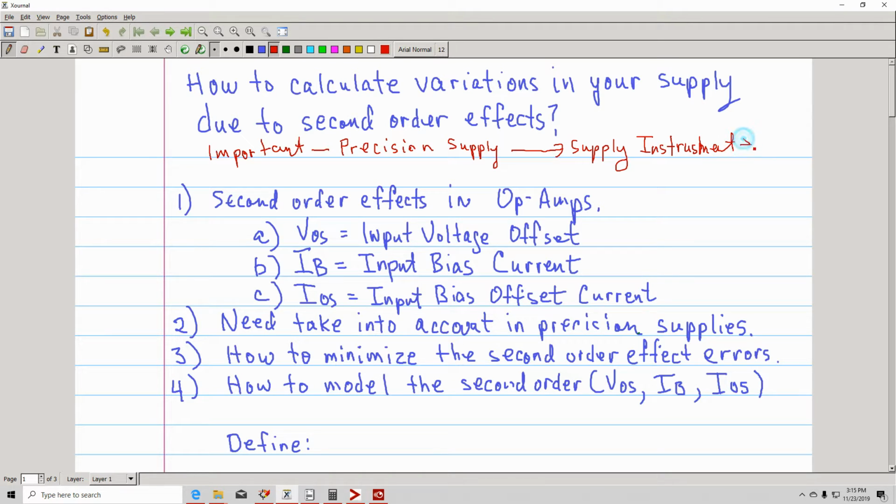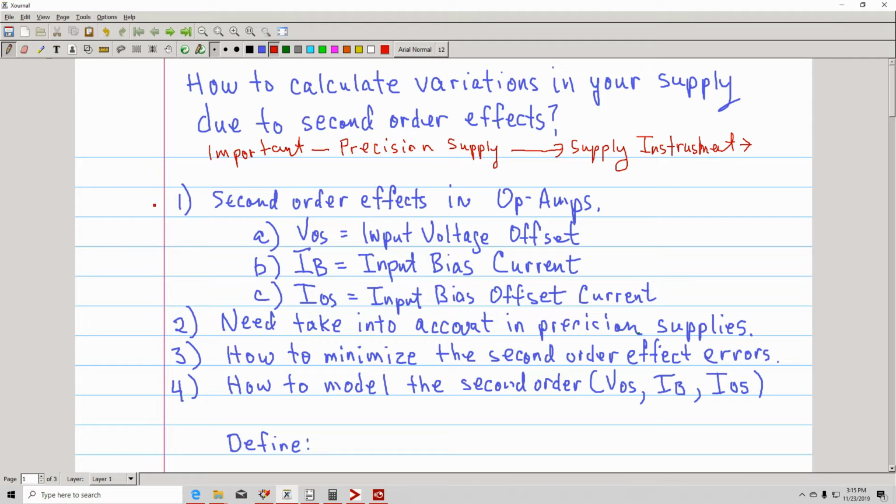In my case, some of the power supplies that I do are supplying space hardware that are taking very precise measurements. Since you need a very precise supply, you want to be able to minimize those variations.